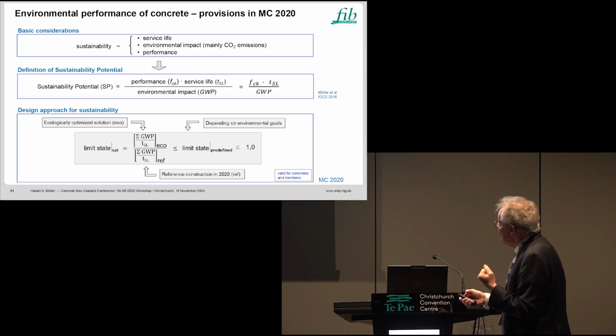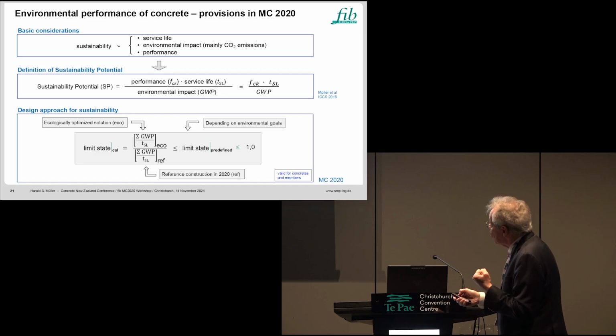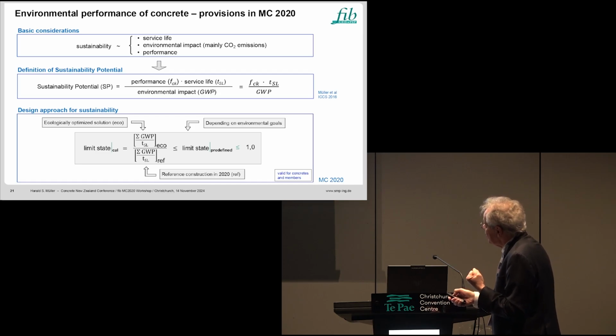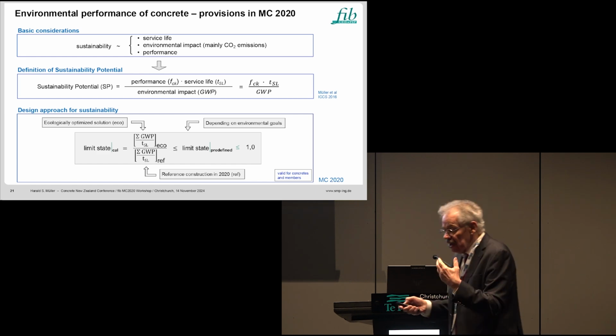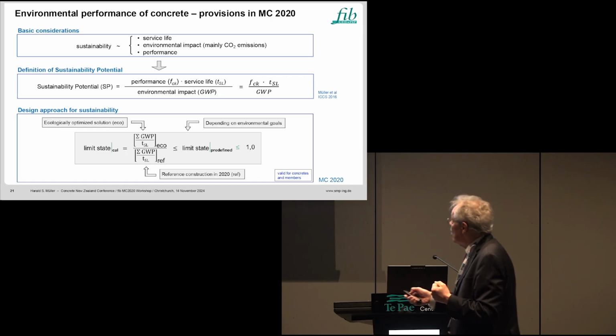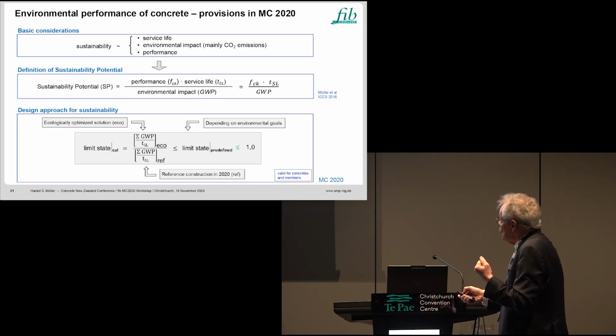And you see, for example, here, simplified, we have the global warming potential for optimized concrete, for example, for eco-concrete. Now we have the service life, and we have a reference concrete, maybe a reference of a structure or a concrete for the year 2020, could be any other.